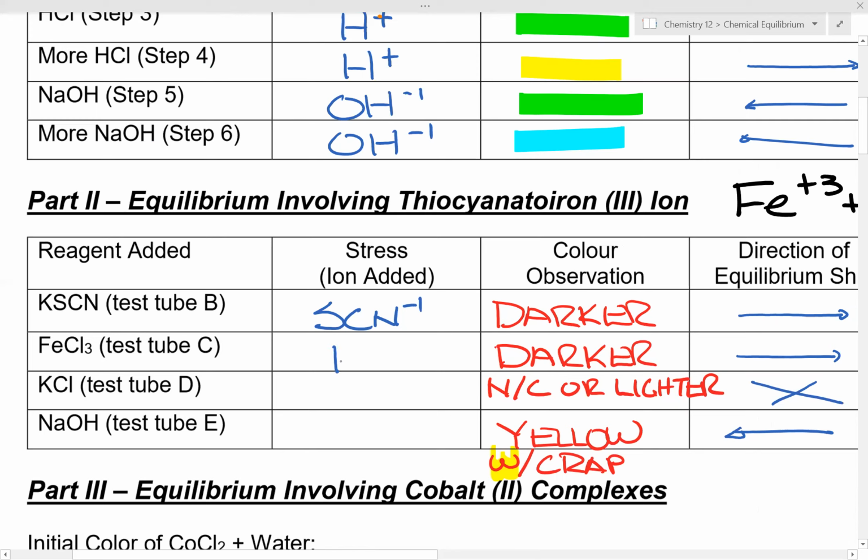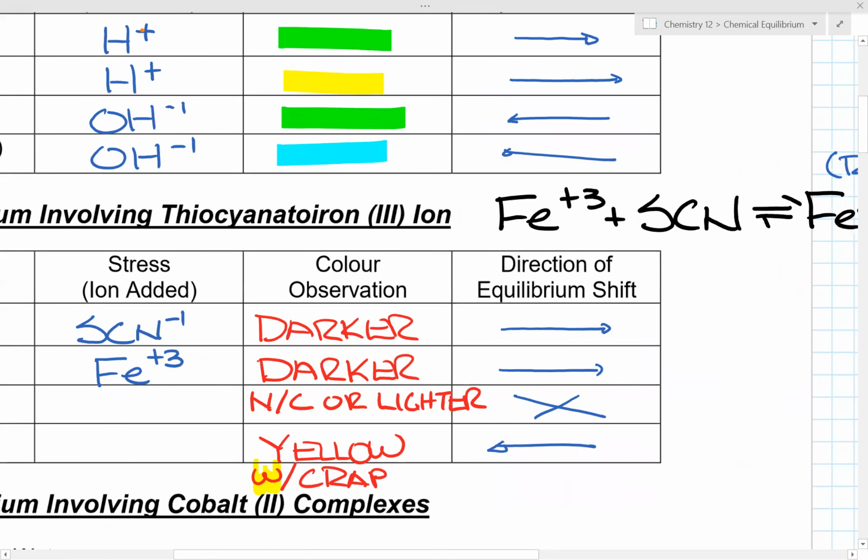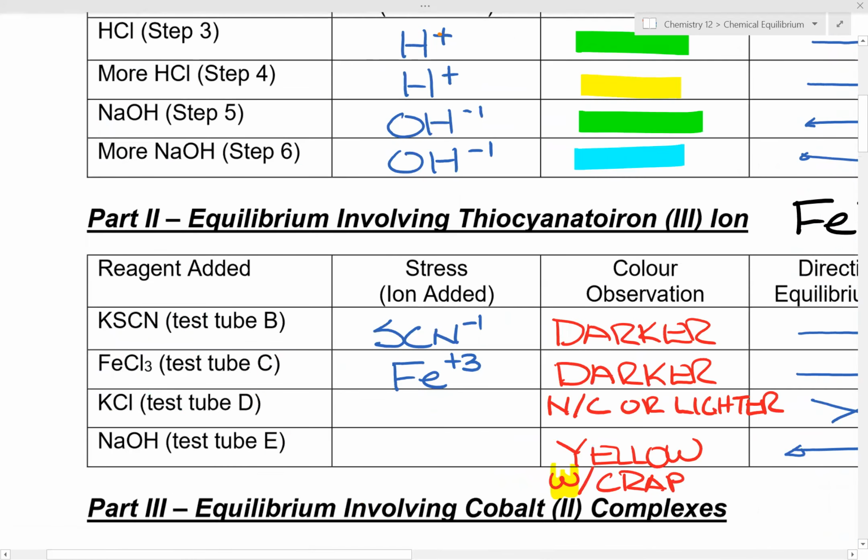Again, because there's Fe plus 3. The reason being is because FeCl3 breaks up into Fe plus 3 ions.